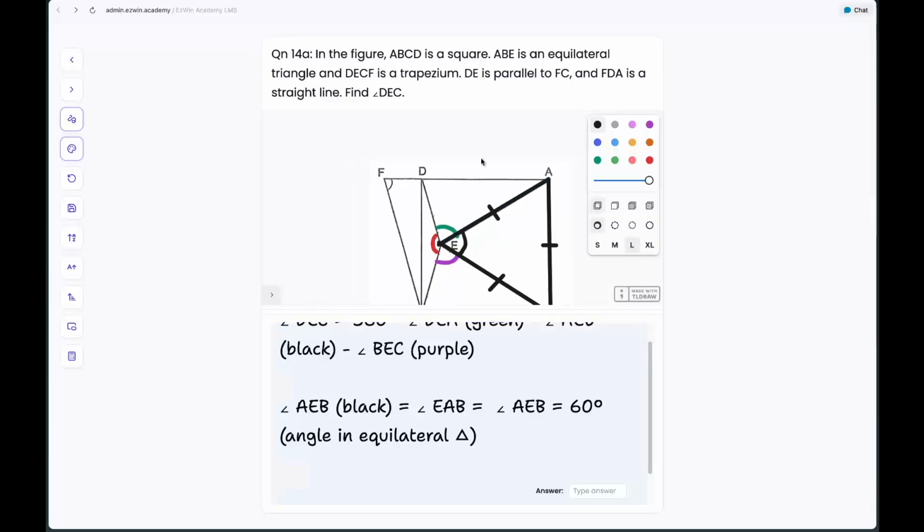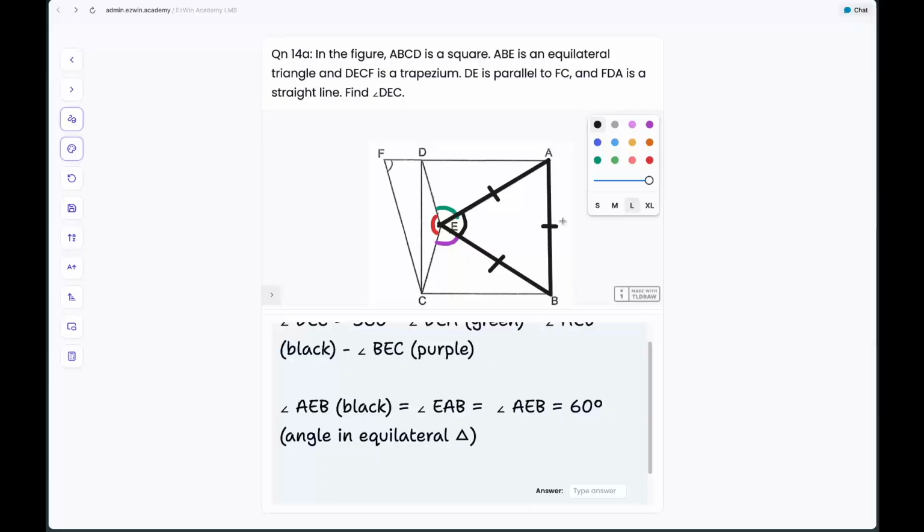We also know that ABCD, I'm just going to highlight in red, is a square. So that means these are all equal sides, what you see over here.